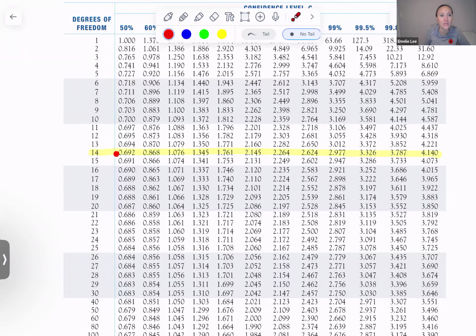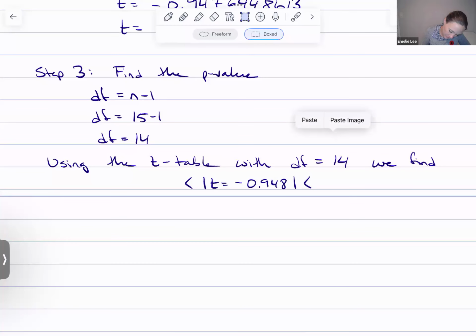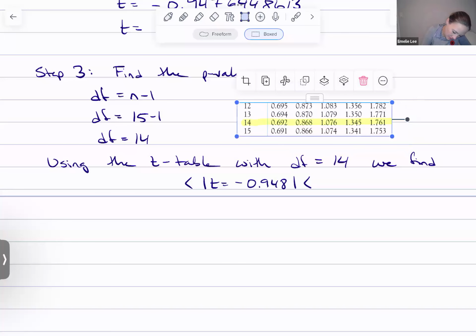So I start here at 0, 0.948, looks like it's between 0.868 and 1.076. I'll take a little screenshot here, copy. Paste image.